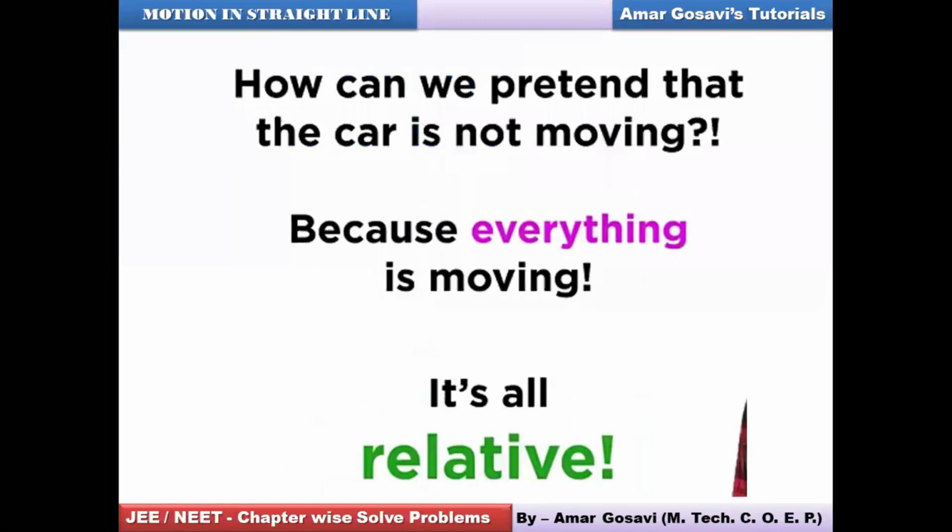Yeah, friends. So now these are certain questions which may come in our mind. How can we pretend that the car is not moving even if the car is moving, because everything is moving? So the answer is it's all a relative concept. It will depend upon observer to observer, situation to situation.